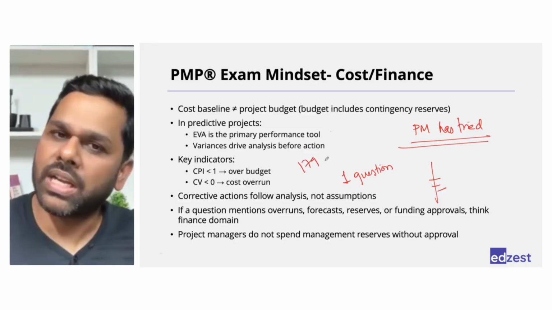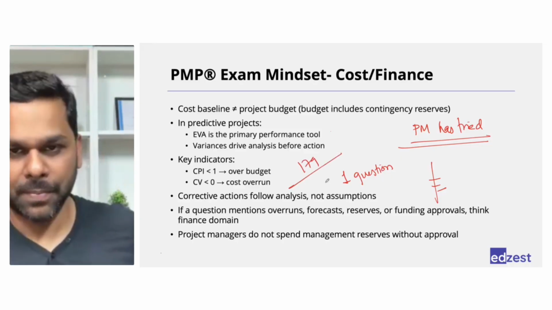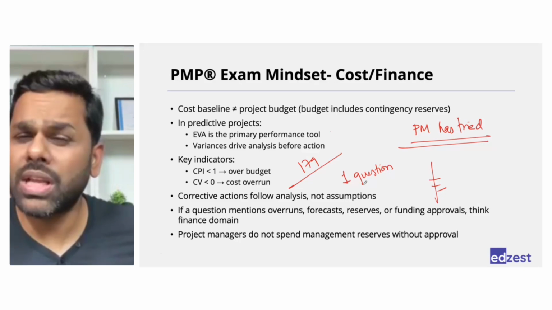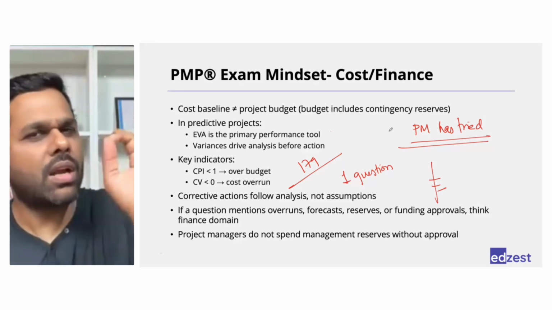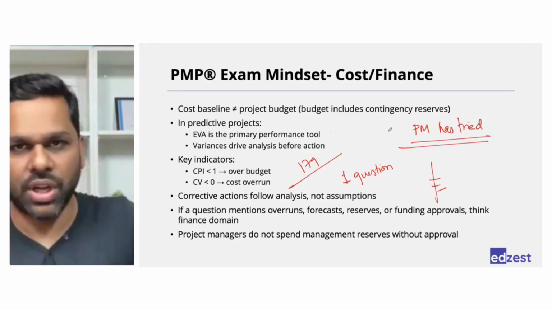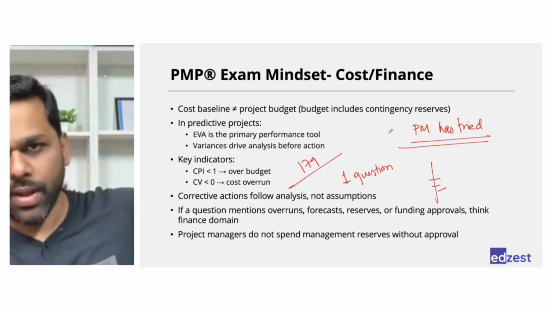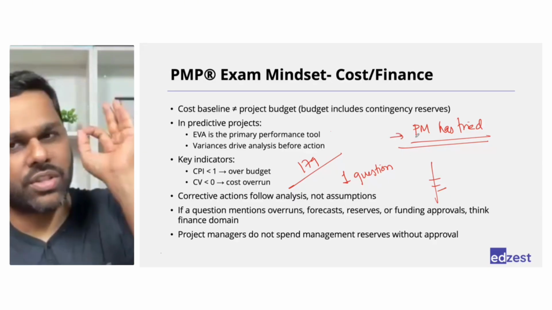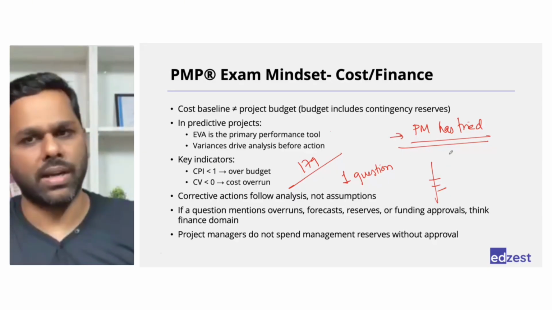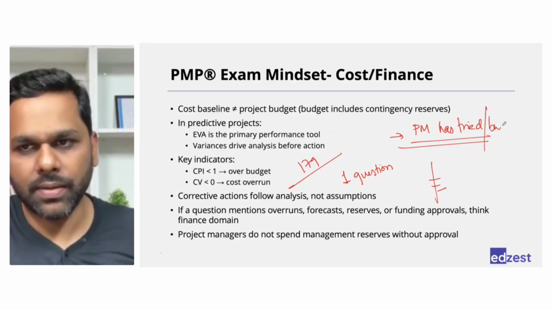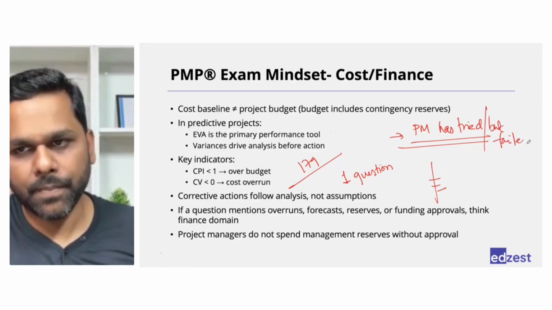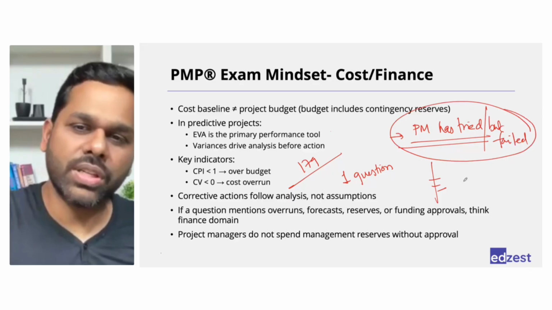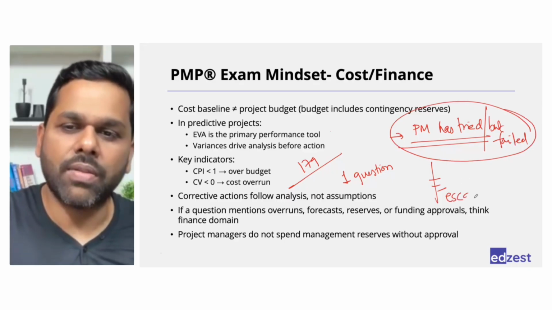In 179 questions out of 180, you will not escalate. When do you escalate? When the situation very clearly says it, not an assumption that they must have tried. If it says the PM has tried, which means the project manager has tried, they have tried but failed, only then you will escalate. If it is very clearly mentioned in the question, only then you escalate. Otherwise, you don't.